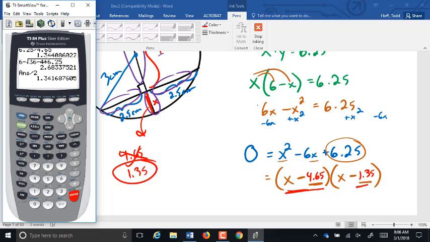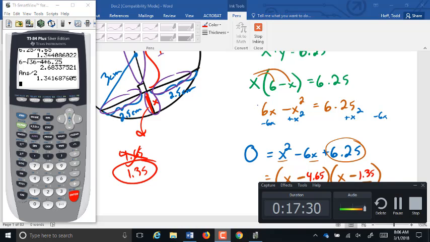So if you're within 5 or 6 thousandths of that, you'll be okay. Okay, enjoy the test.